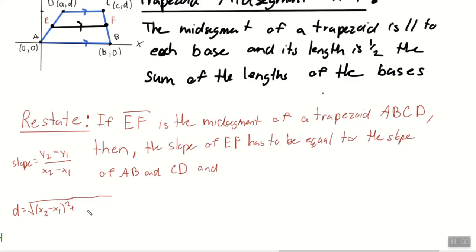Can you finish it? Yep. So we're going to have to use these two. I'm going to put this into equation form. EF has to be half of the length of my bases. What are my bases?